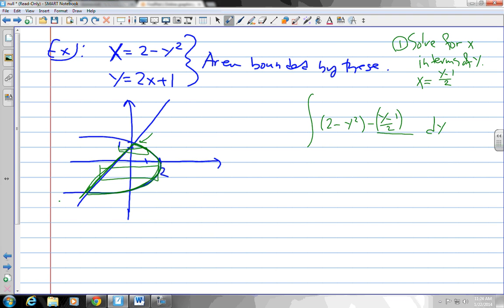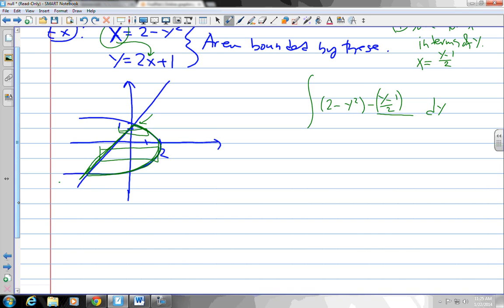Now to find the limits in terms of y, as Owen was saying, you can just make this substitution, take x, plug it in here, and solve for y. So that will give us y equals 2 times 2 minus y squared plus 1.